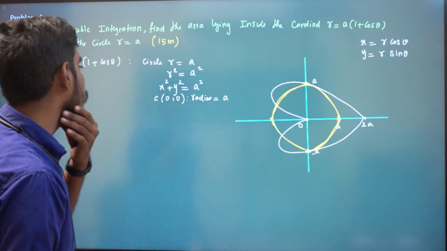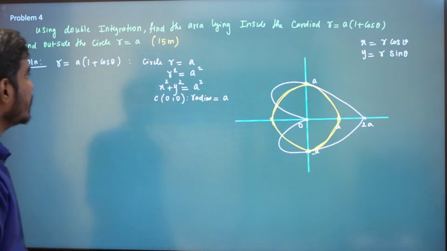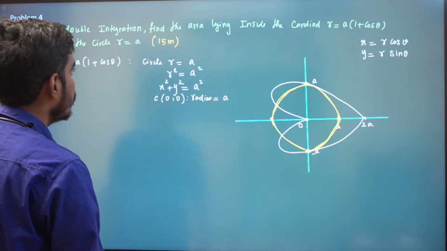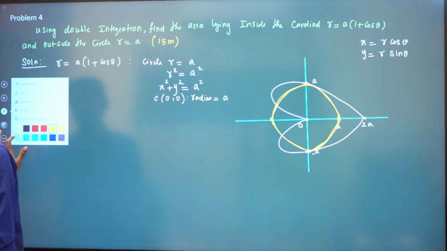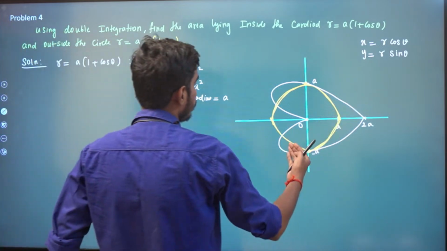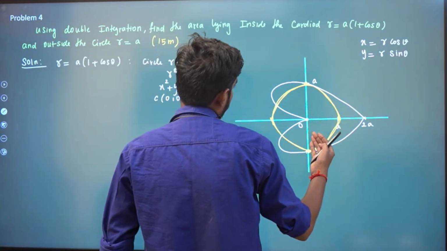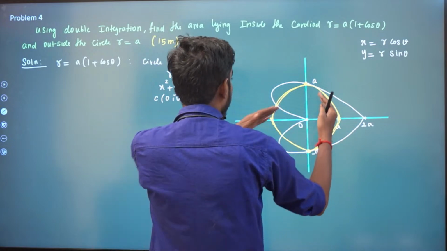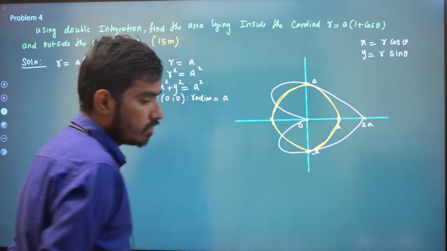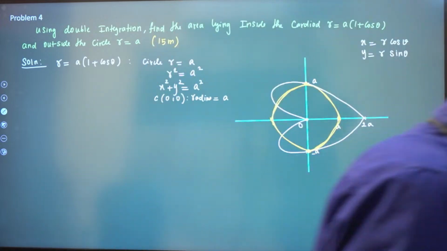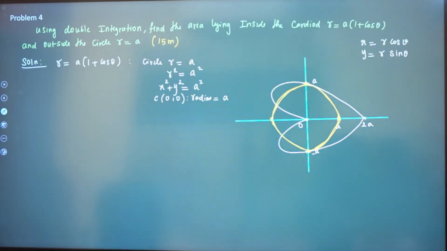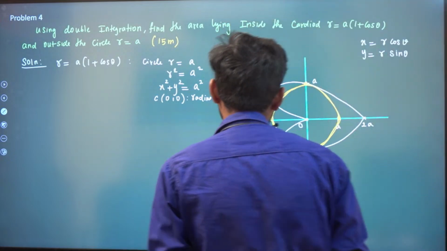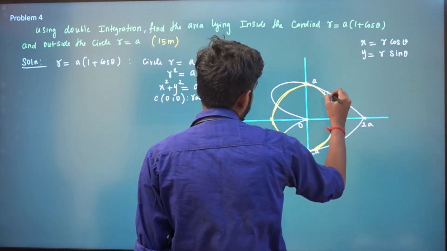Now what we need to do, using double integration, is find the area lying inside the cardioid and outside the circle. What is the region actually? Inside the cardioid and outside the circle. This is the region, right?